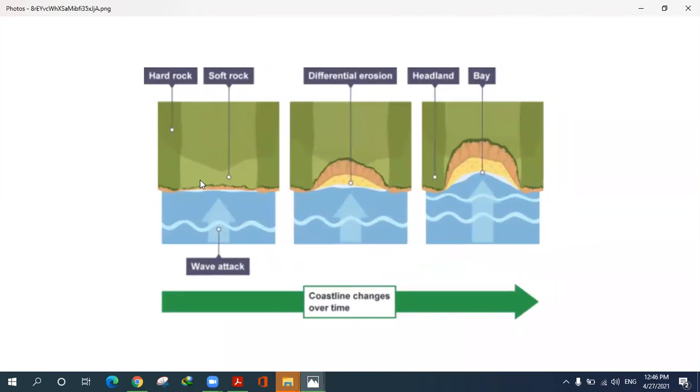So here we have just a normal shoreline, one big piece of rock. And in here we can have soft rock and hard rocks. Hard rocks will not be broken down easily by the water. So we can say that they are left behind after the weathering process. So the same happens in picture number 2. Can you see how the soft rock looks like it is eaten?